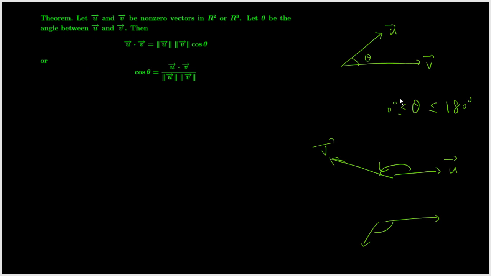The formula we need to use is this form. If you are given two vectors, I told you how to compute the numerator, the dot product of two vectors, and you also learned how to compute the length of the two vectors. So it's possible to get the cosine value of the angle, and then you can use your calculator to get the angle.